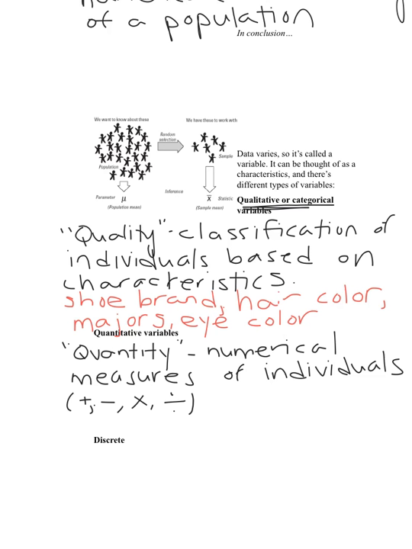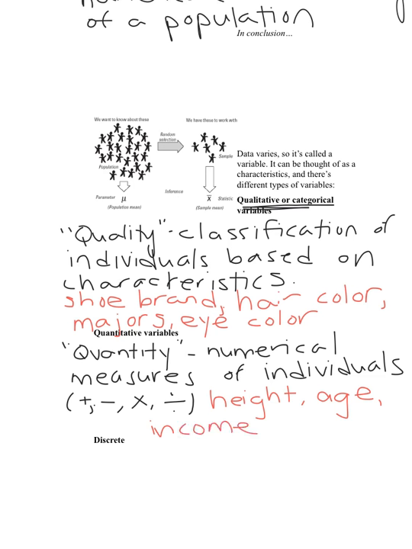We can't take my phone number and add it to your phone number. An example of a quantitative variable would be height, like 5'10", 6'2". We can add feet, like 5 plus 1 is 6, so that's okay. Age is another one, a numerical measure. Weight, income, etc.